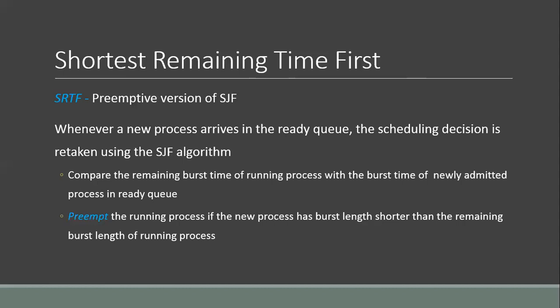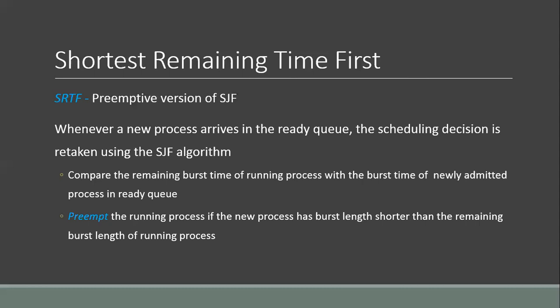And we will preempt the running process if the new process has a burst length shorter than the remaining burst length of the running process. This means CPU will be taken back from the currently running process if the new process has a burst length shorter than the remaining burst length of the running process.